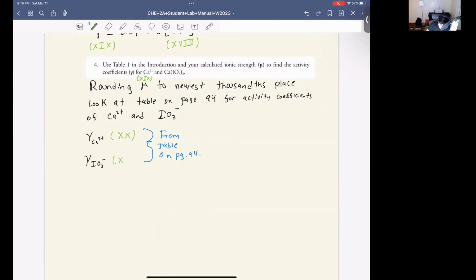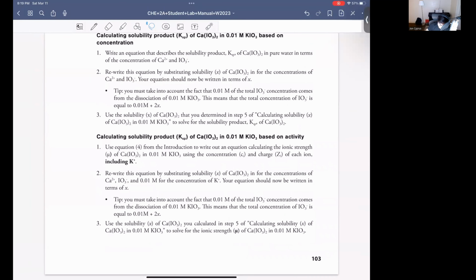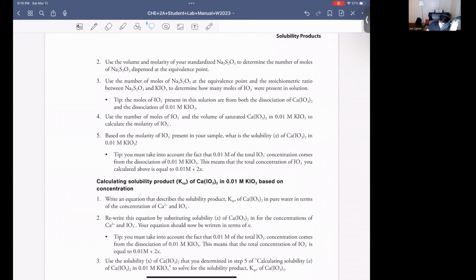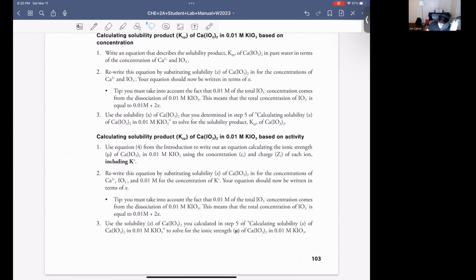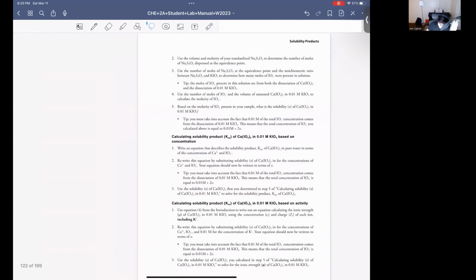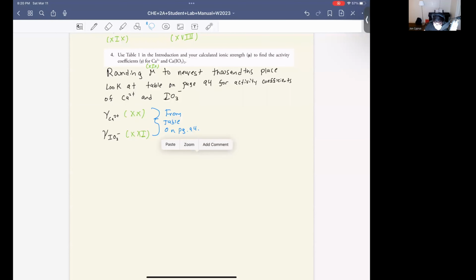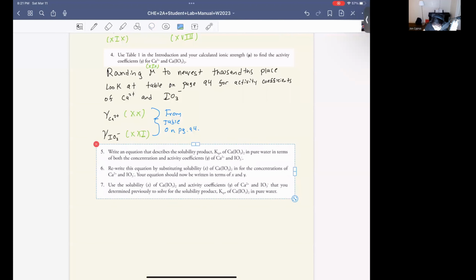This will be XX and this will be XXI. Give me 1 second. I just got a little lost on where I was.